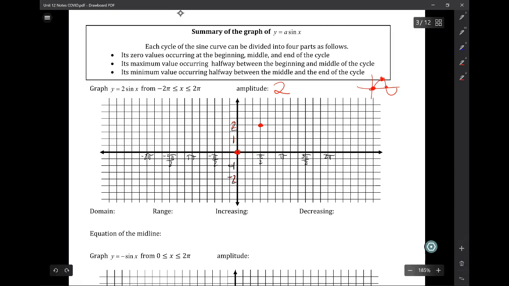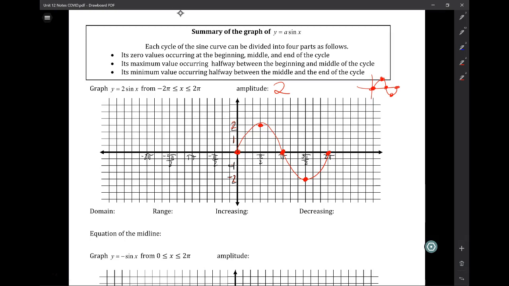Then it starts coming back down and hits the midline again at 180. Then it goes below. Using that same amplitude, we go down to -2. And then lastly, our fifth critical point is going to be at 360 degrees. So every time you draw a sine curve or a cosine curve, you should have 5 critical points, okay? And I highlighted them here, 1, 2, 3, 4, 5.